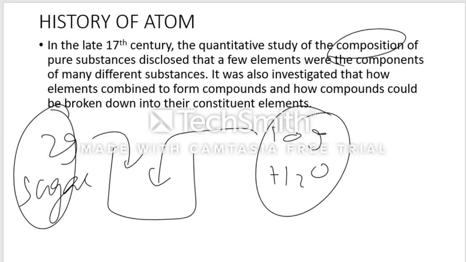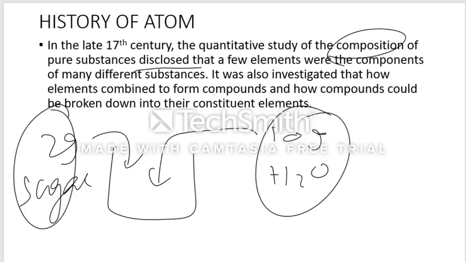So the composition of pure substances means you take some pure substance and study which atoms are present in it. This disclosed that a few elements were components of many different substances.